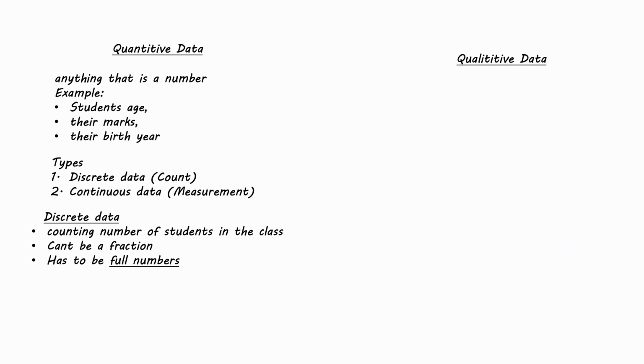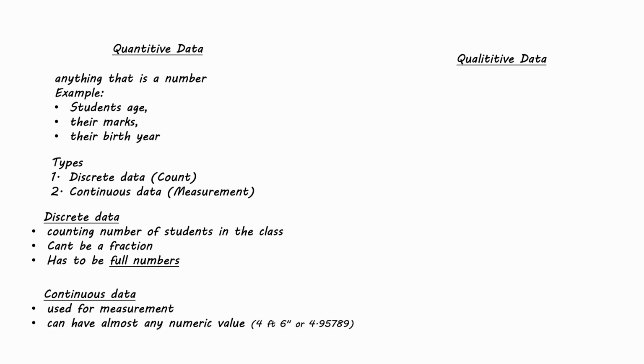Next is continuous data. Continuous data is used for measurement and it can have almost any numeric value. Let's say we are talking about students' height. It does not have to be an integer. It does not have to be 5 feet or 4 feet exactly. It can have any value in between.